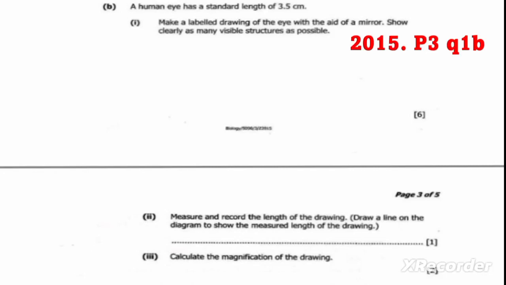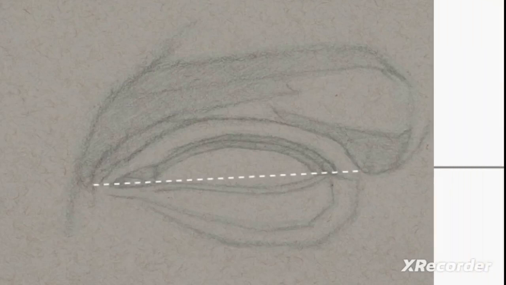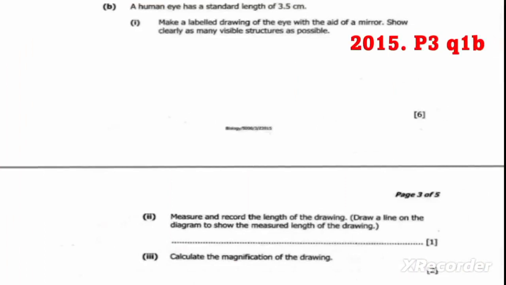Part B, Roman numeral 1: make a labeled drawing of the eye with the aid of a mirror and show clearly as many visible structures as possible. So they want us to draw the eye. To draw the eye, we need to make use of the mirror so that you can view your eye. By viewing your eye, you'll be able to see the visible external structures.